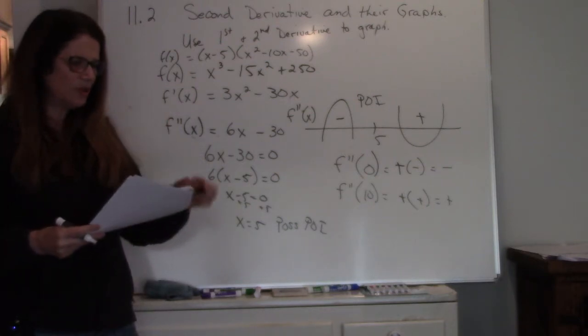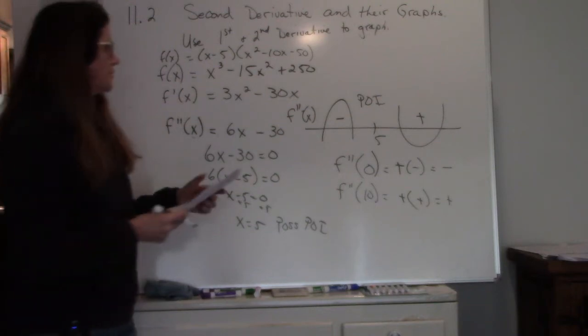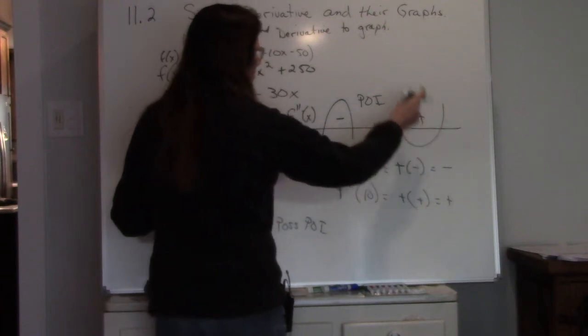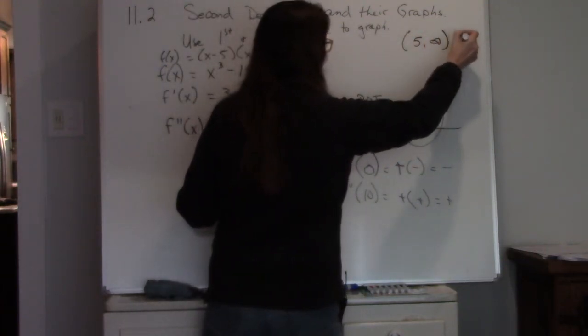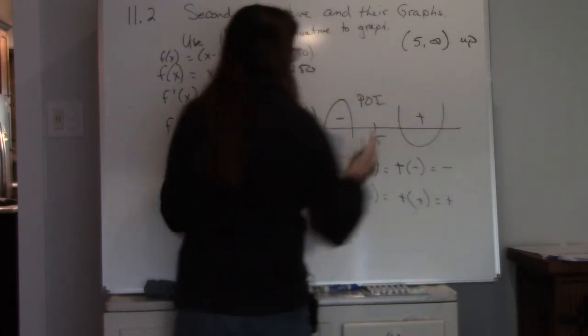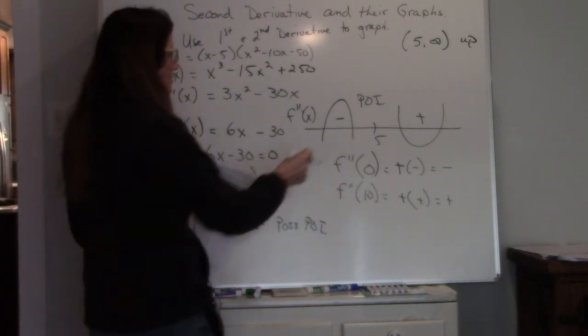Okay? So the question is, the function f is concave up on the subinterval. So this is concave up on the subinterval 5 to infinity. This is my concave up. I'll write it up. And then the function f is concave down on the subinterval.